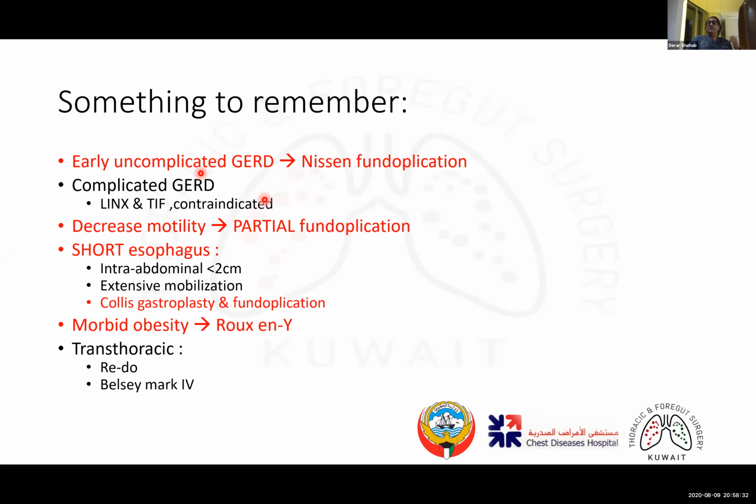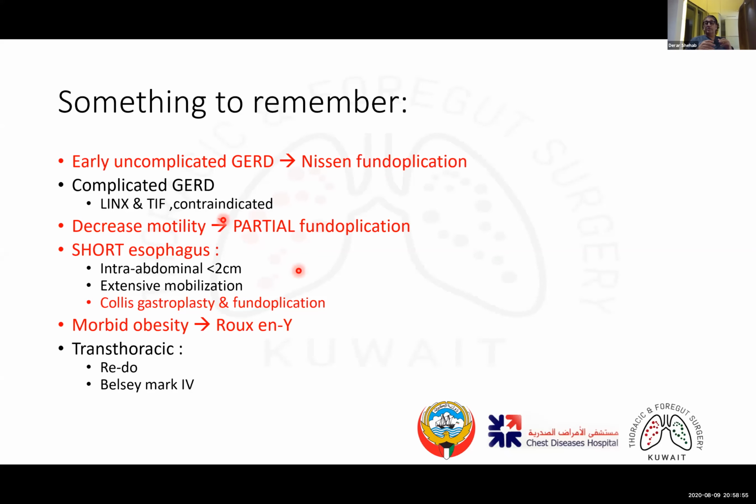Remember that if you have an early uncomplicated GERD, think of Nissen fundoplication. If you have any kind of underlying motility disorder, always put in mind partial fundoplication, not Nissen fundoplication. Always bear in mind that there is something called short esophagus.